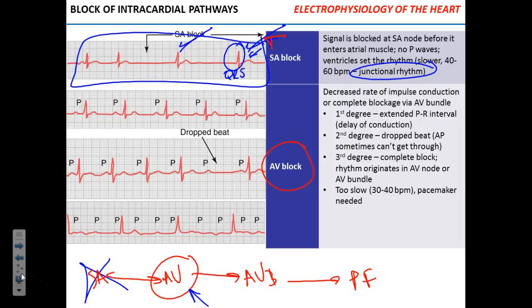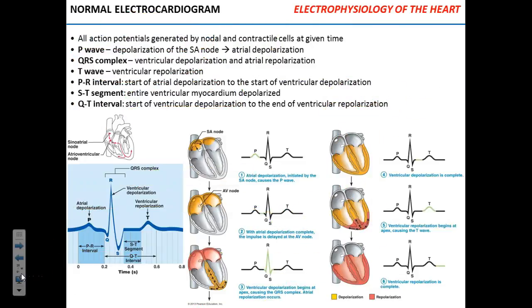Can you give me a one word answer? Yes or no? Yes, they are. They are connected. Now, what connects them? The AV bundle, right? The AV bundle right here is what connects the atria and ventricles.